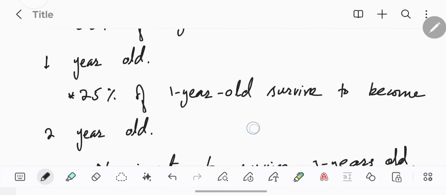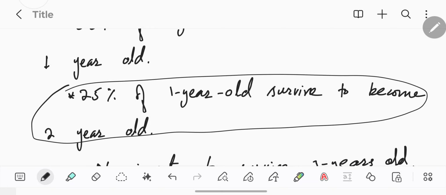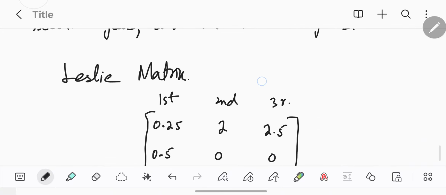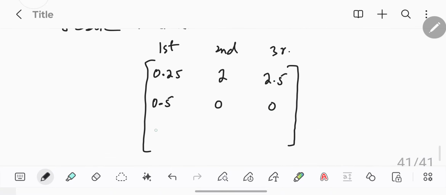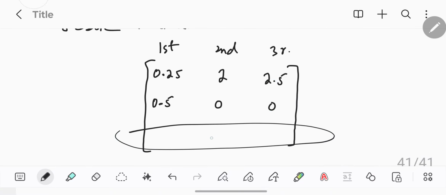So in this row, in the second year we have 0.25.